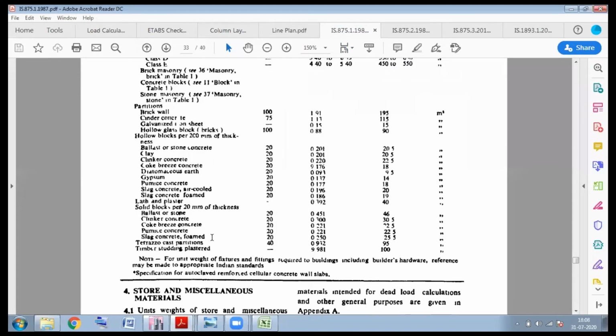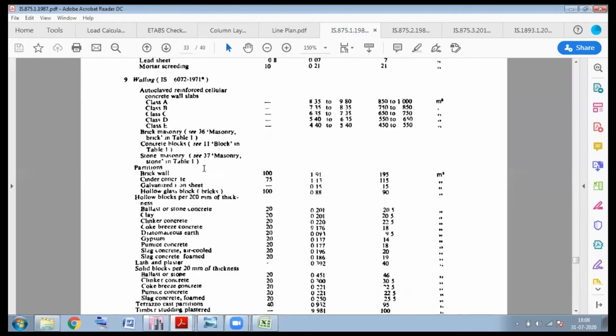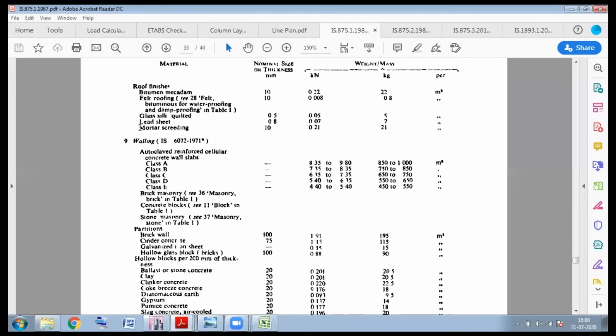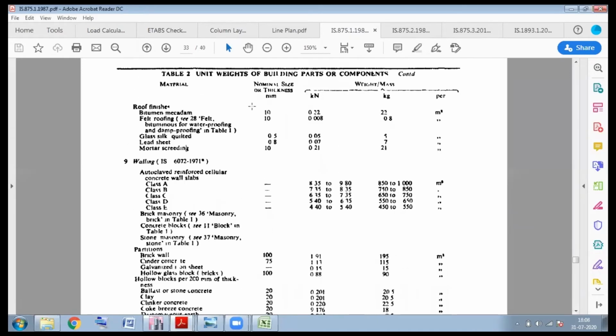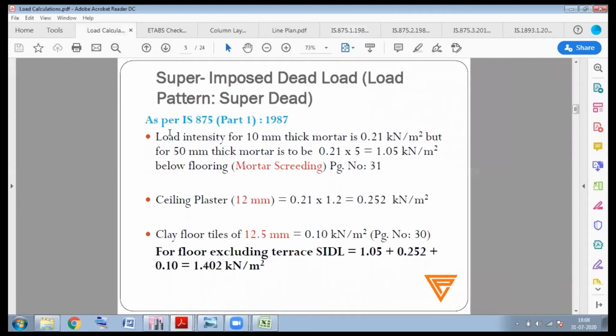In the code book, page number 31, we have the value for mortar screeding: for nominal thickness of 10 mm, the weight is 0.21 kilonewton per meter square. Okay, so that is noted here.